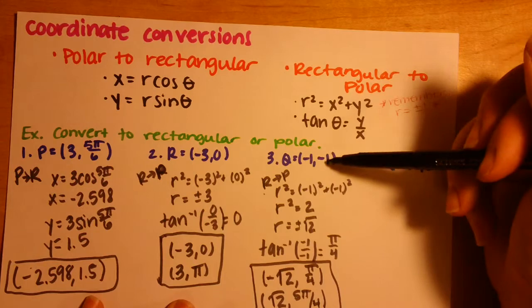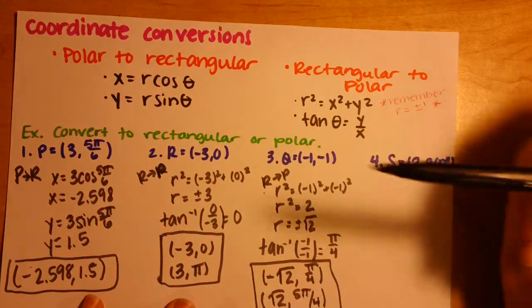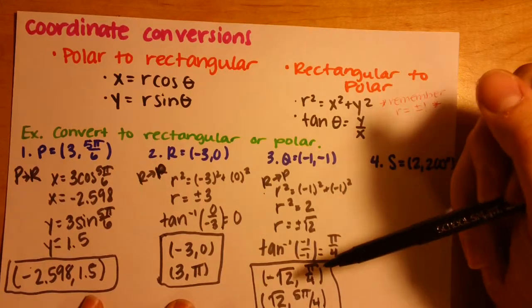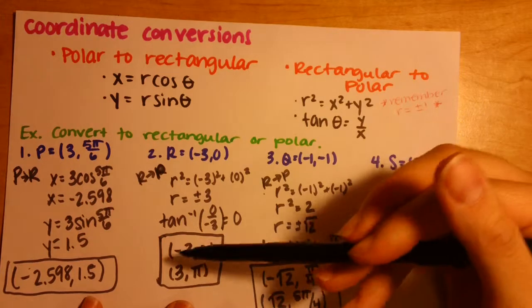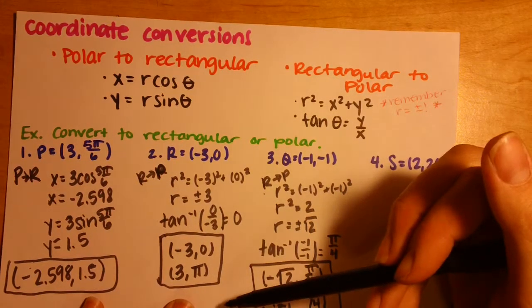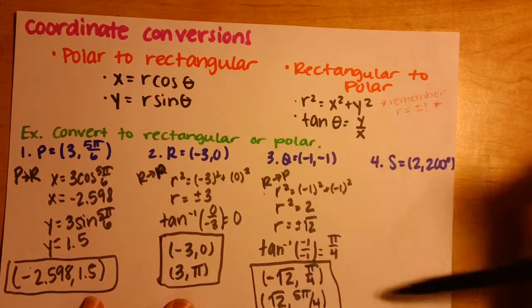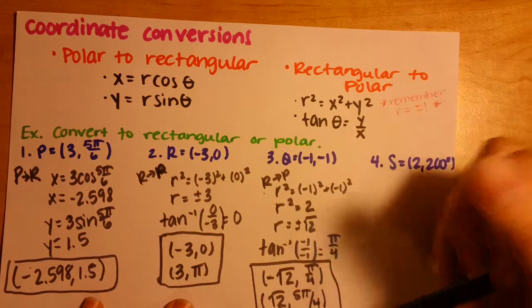So the original point, negative 1, negative 1, is in the third quadrant. So when you graph your polar coordinates, you want them to be in that third quadrant part of the circle. So we had to go over to negative square root of 2 and then down pi over 4. And that'll get us in that third quadrant. Or you can go to square root of 2, which is moving right, then going all the way around to 5 pi over 4, which again puts us in that third quadrant.